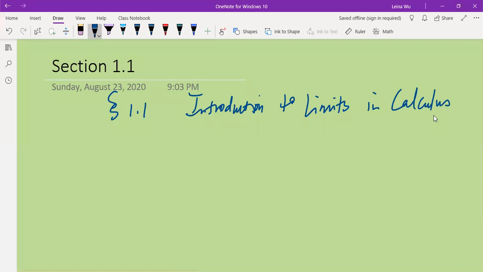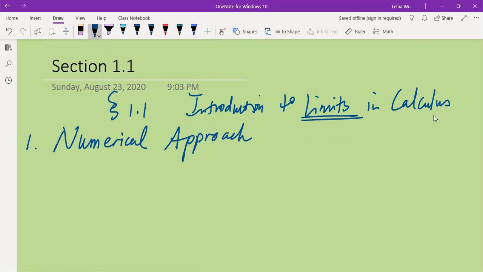All right, so first of all, let's talk about what is actually a limit. Okay, limit. For us to look at a limit, it's probably better for us to do some calculation, the so-called numerical approach. So numerical approach to limits.